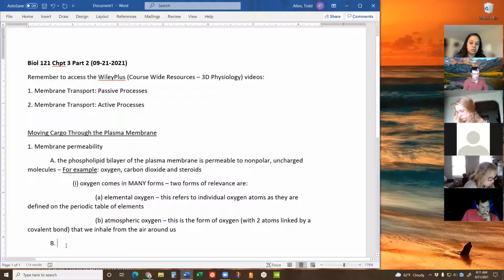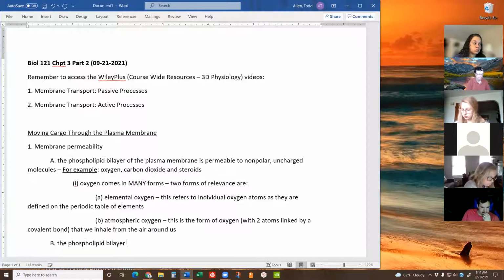Secondly, the phospholipid bilayer of the plasma membrane is impermeable. Okay, it will not allow the passage of ions and uncharged polar molecules.